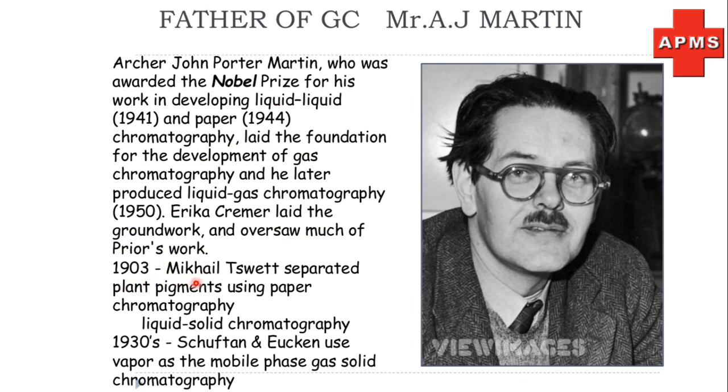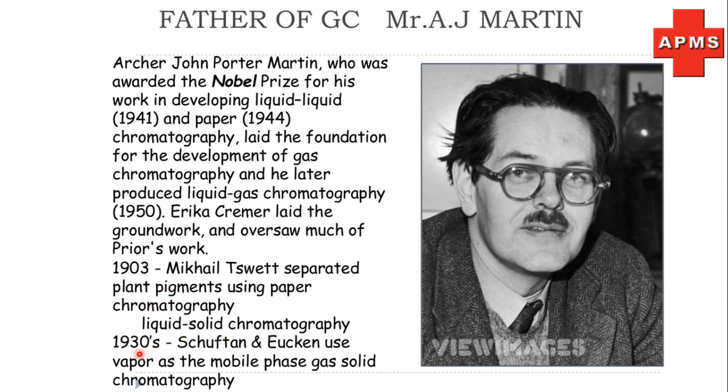In 1903, Michael Tswett separated plant pigments using paper chromatography. You can imagine this paper as the filter paper you see in the lab. These special papers were used for chromatography techniques initially, in the last century.